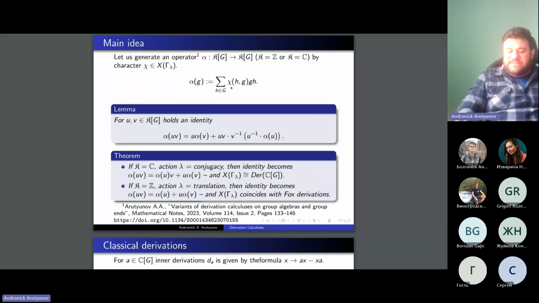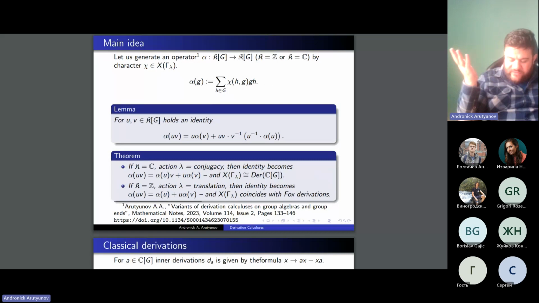And you can take the characters as coefficients. I think it's rather easy to see, but it's just a calculation on generators, that for such an operator an identity holds which is written on the desk.